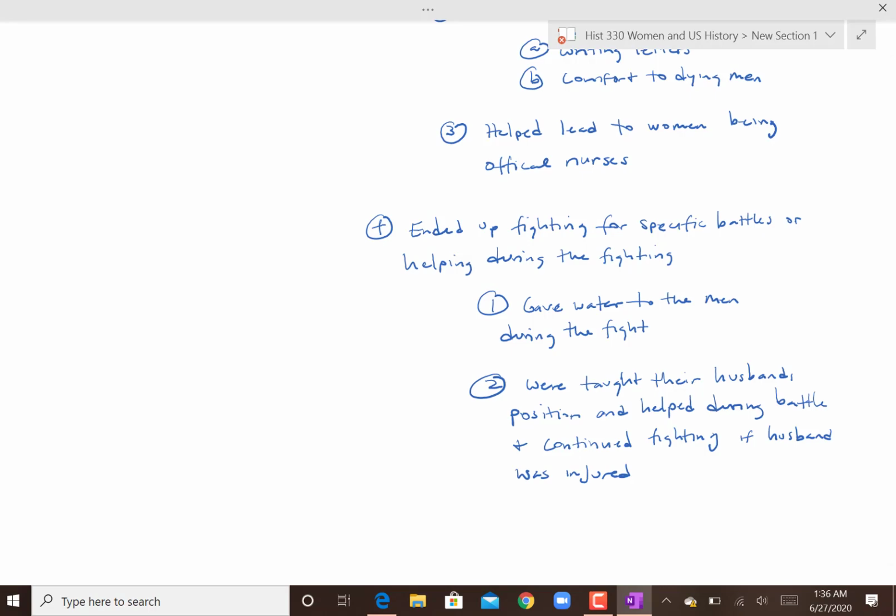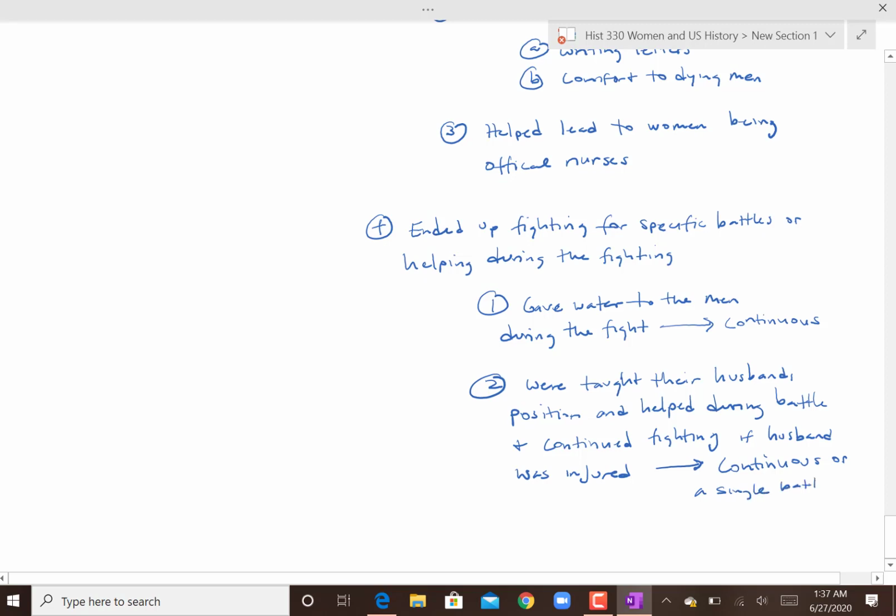So you had some that were continuous, like Molly Pitcher and one other woman who did this where they're giving water. That was a continuous thing through multiple battles. And then you had others that were either continuous, like helping, so they would be there, or a single battle.